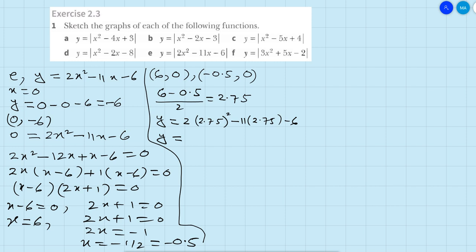The answer is minus 21.125. So when x is 2.75, then y is minus 21.125, which is obviously the minimum point. Now, first we have to draw the x-axis and y-axis.